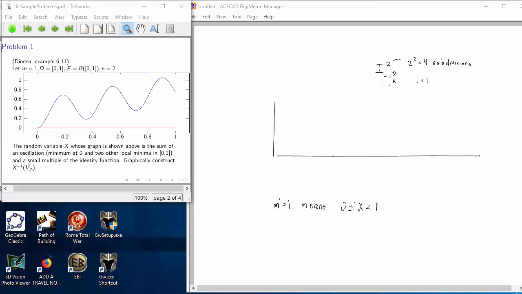Okay. N equals 2 means we use 2 to the n, or 2 squared, or 4 subintervals.